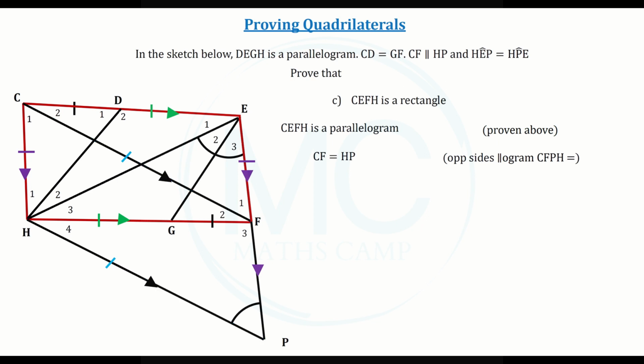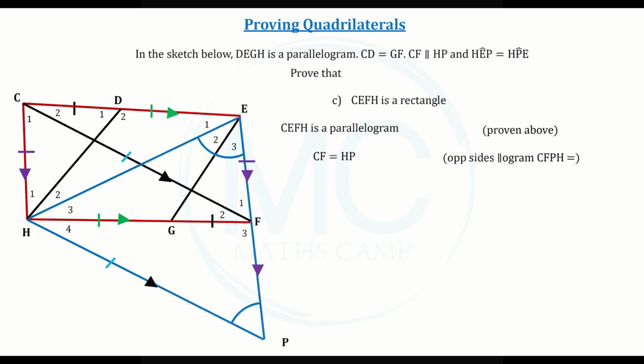Now remember that a question will not give you information just for the sake of it. This question tells us that angle HEP is equal to angle HPE. So in our diagram, let's make these angles blue. These angles sit in triangle HEP, so let's make the whole triangle blue.